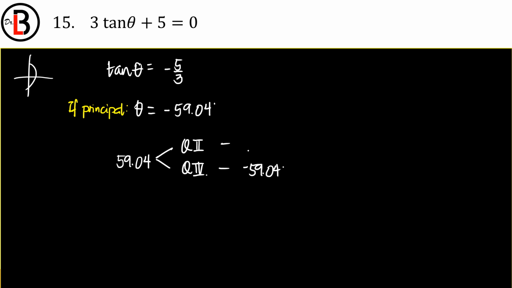What is that? 120.96 degrees. So that means your two answers within one revolution are 59.04 and 120.96 degrees.